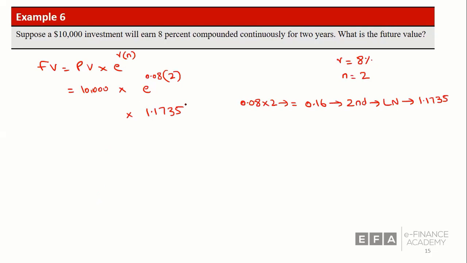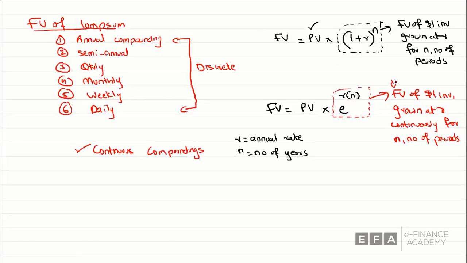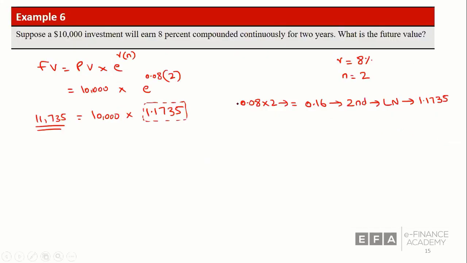All right, so that means this is the future value factor, just a small correction here, times the 10,000. And that should give us 11,735. That's the future value. Now, the main thing is I want to focus on what does this mean? Remember what we wrote here? Future value of $1 investment that grows at R continuously for n number of periods. So here's what we will say.